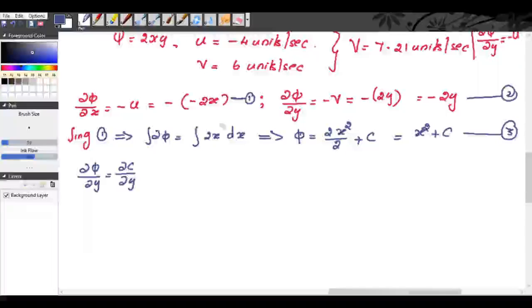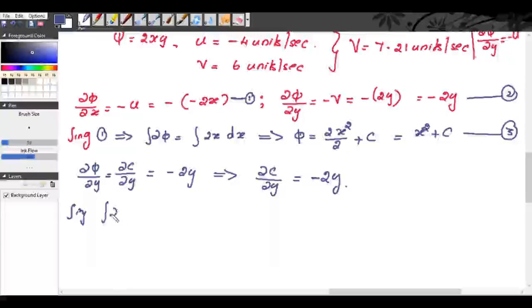But we know what dou pi by dou y is. It is minus 2y. So that is equal to minus 2y, from which we get dou c by dou y is equal to minus 2y.